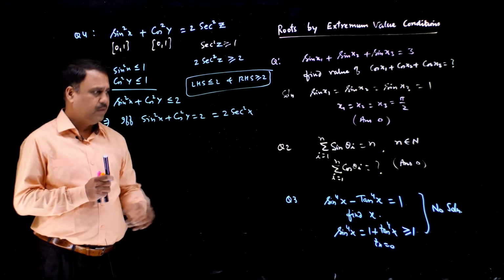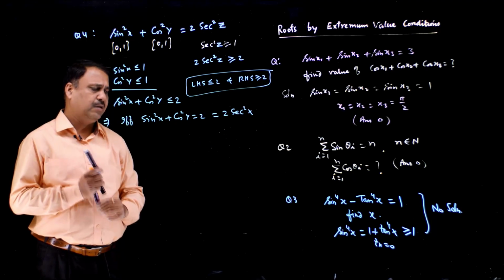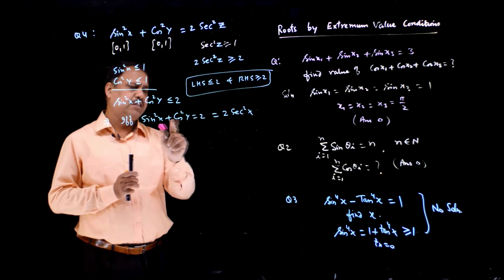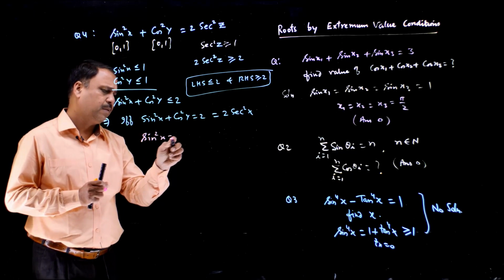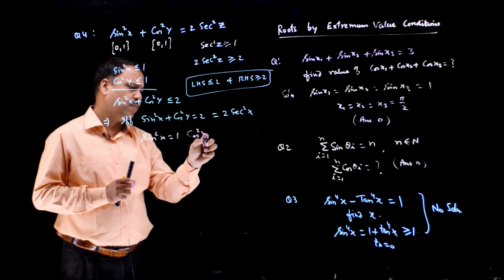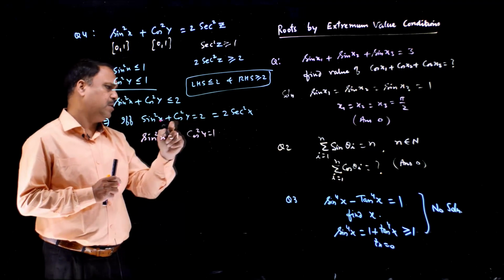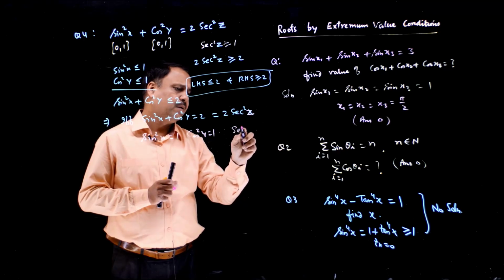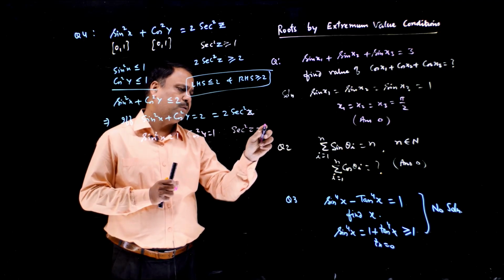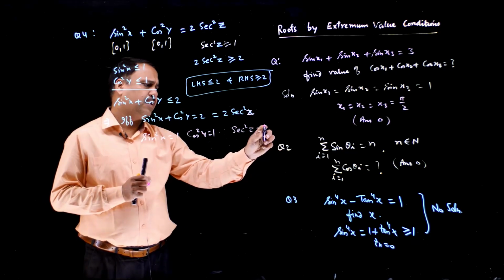Now you can solve using the extremum value condition. So from here sin square x must be 1, cos square y must be 1, 1 plus 1 is equal to 2, and sec square z must be equal to 1. This will give the answer.